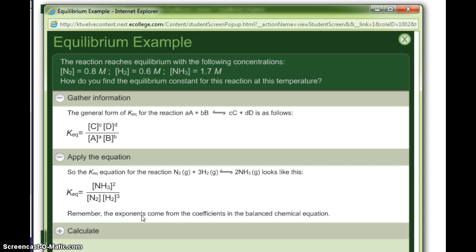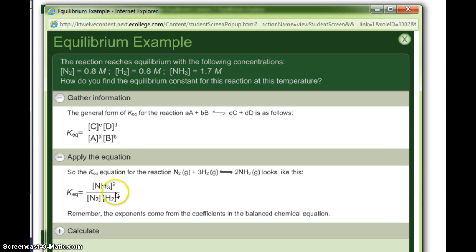Then plug in the numbers. So instead of writing NH3, what number would we put? We would put 1.7. So 1.7 squared over the concentration of N2, which is 0.8, times the concentration of H2, 0.6 to the third power.